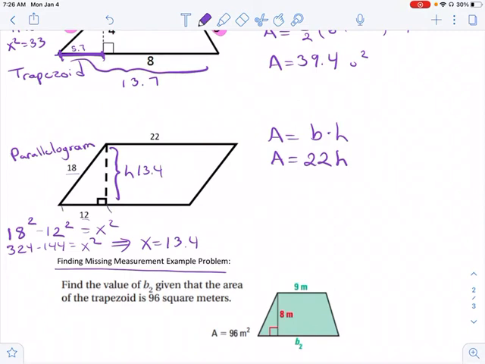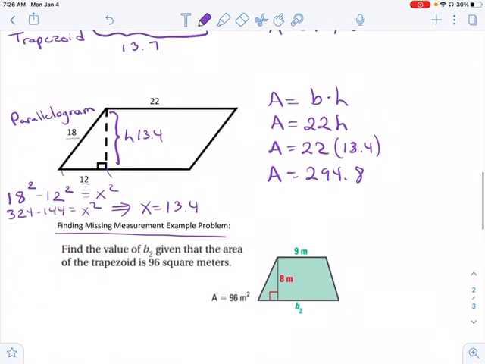If that's 12, that could be 13.4. So this now becomes area equals 22 times 13.4. And I'm going to get 294.8. Okay. Again, don't really need the units squared unless they give us that. So I'm just going to leave it as that.